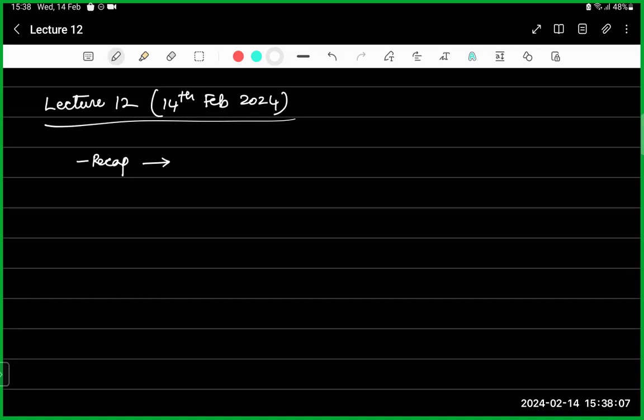First we introduced what are called Bellman optimality equations. What are Bellman optimality equations? Those are useful for finding the optimal policy. The optimal value function will satisfy these Bellman optimality equations.